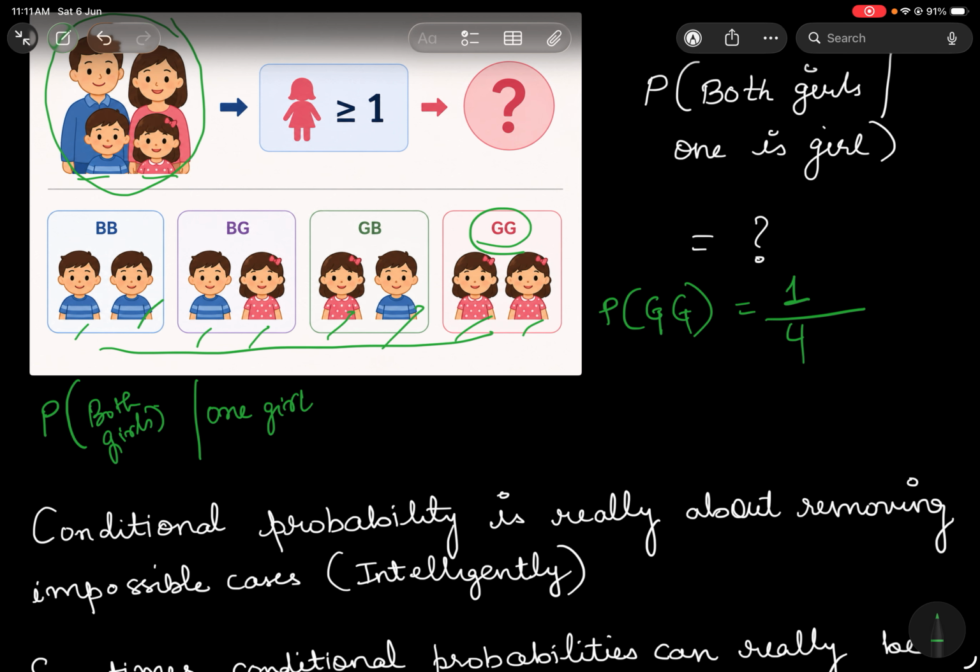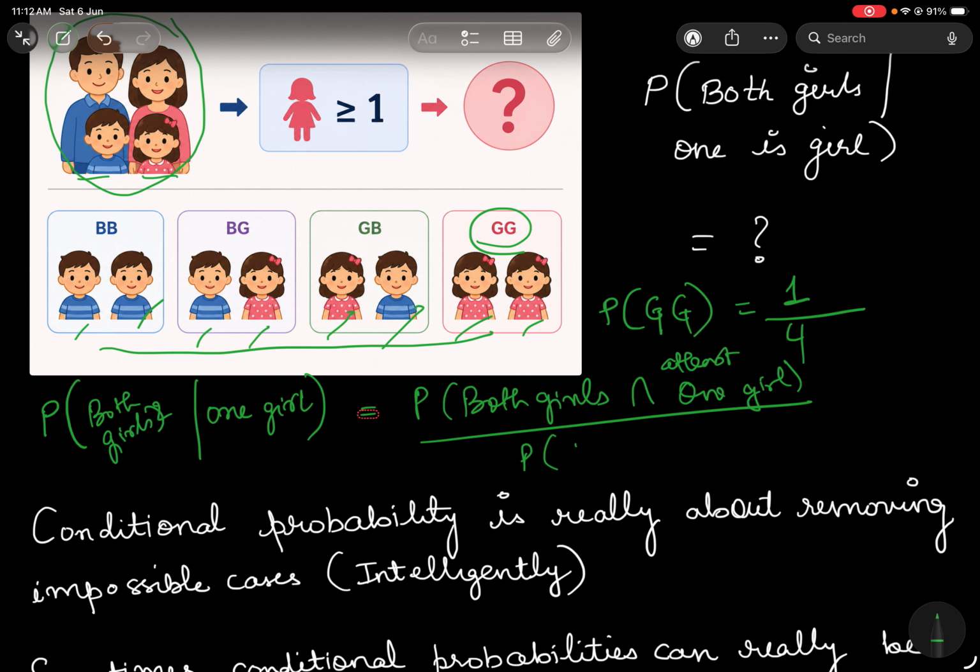So by definition, it is the probability of both girls and at least one girl, divided by the probability of at least one girl. So what is the probability that there is at least one girl? The answer is these three cases, so my denominator will be 3 by 4.